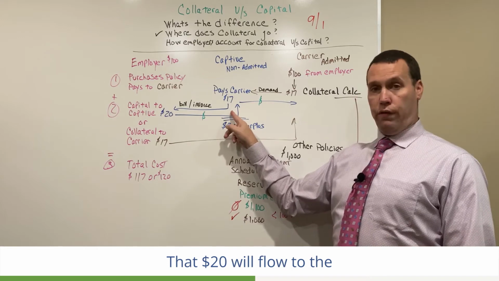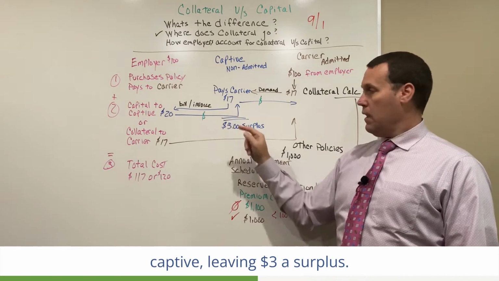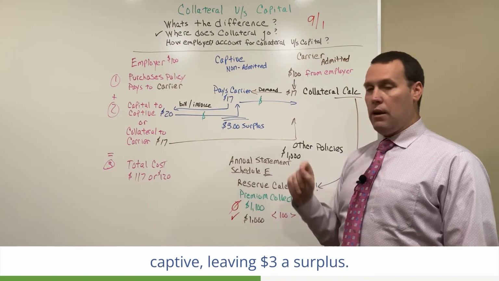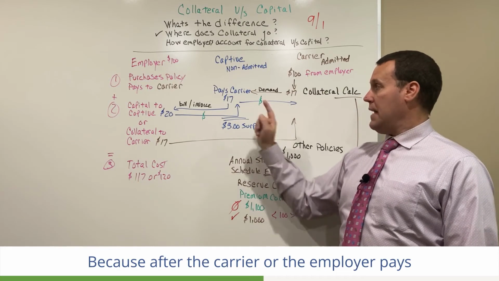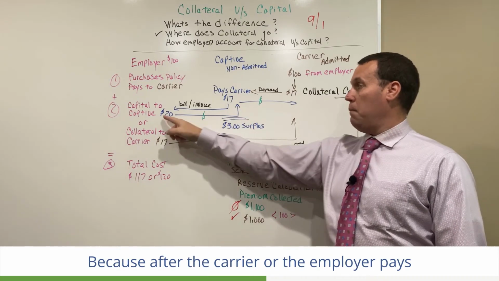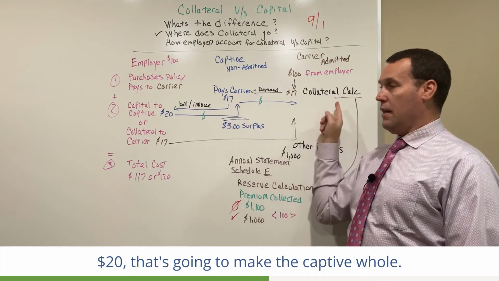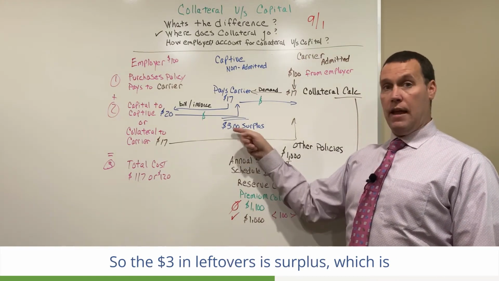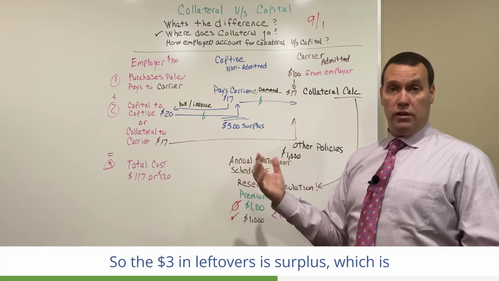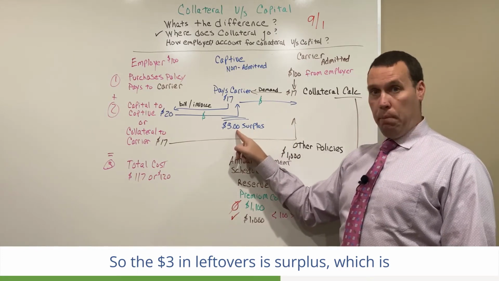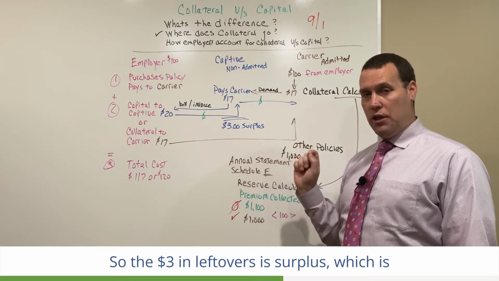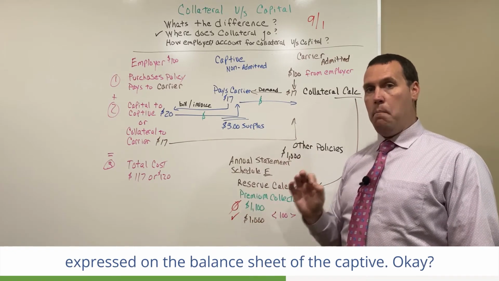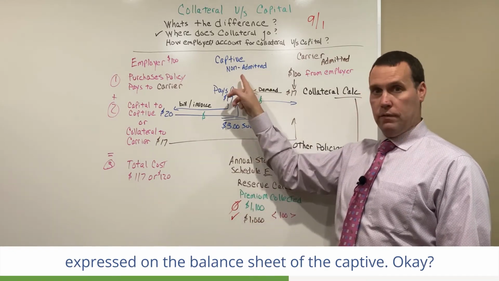That $20 will flow to the captive, leaving $3 of surplus. Because after the carrier or the employer pays $20, that's going to make the captive whole. So the $3 in leftovers is surplus, which is expressed on the balance sheet of the captive. Okay?